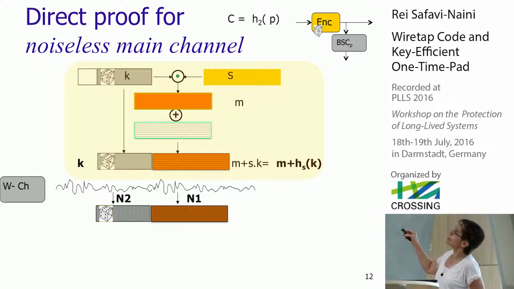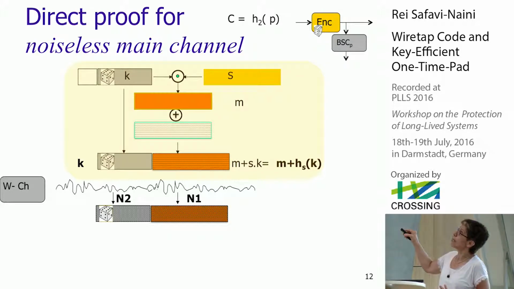If we assume that this is noise-free, then we can have a direct proof of security. So now we have a wiretap channel, where the adversary has a noisy view, but the main channel is noise-free. Whatever we send over the channel, the receiver receives perfectly, but a noisy view is received by the adversary.